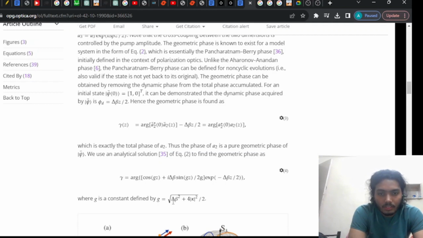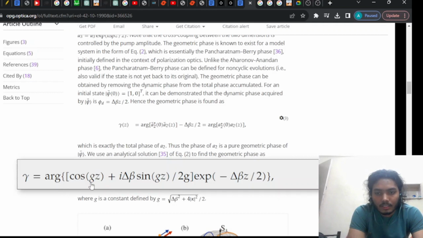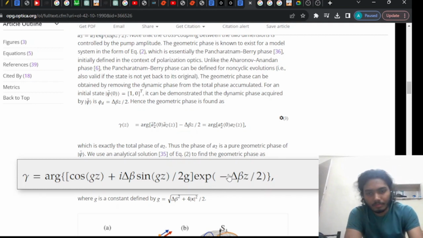And once we know g, this expression is the expression for A2, and there is an i missing here.